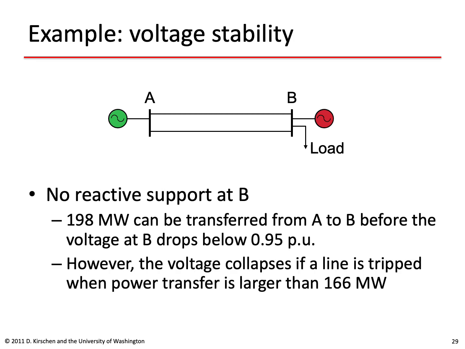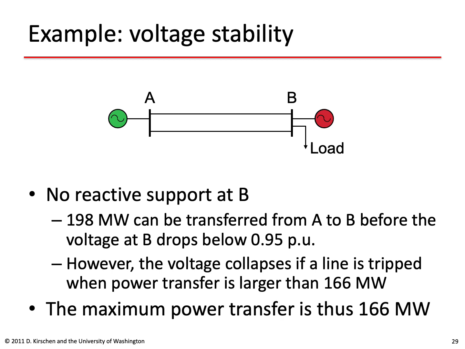However, if we assume that we can have a fault on one of these lines, we will get a voltage collapse in the system if the power transfer from A to B is larger than 166 megawatts. So in this case, this voltage stability problem is more severe than the normal voltage limit problem, and the power that can be sold by A to B should be limited to 166 megawatts.